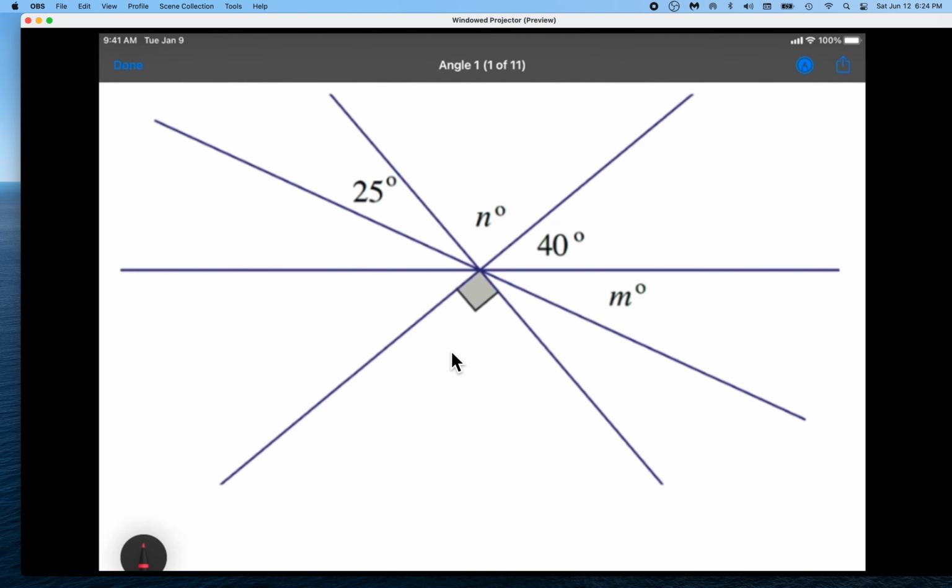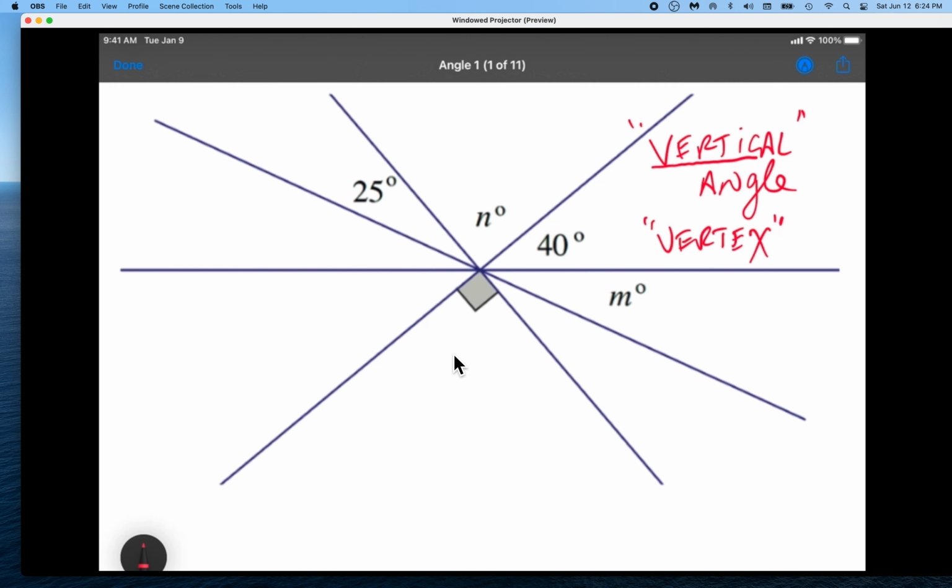The first concept you have to recognize is what is a vertical angle. Okay, so let me write that word down. A vertical angle. Because vertical angles are indeed congruent. Now notice, this word vertical contains the word vertex.